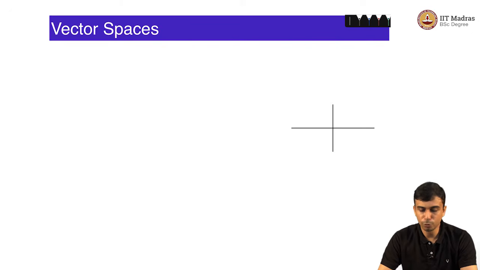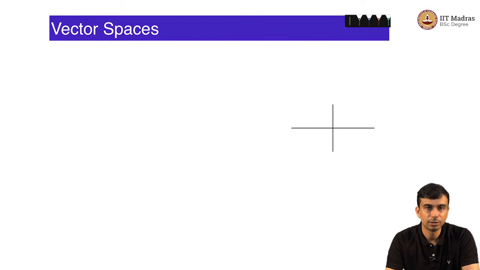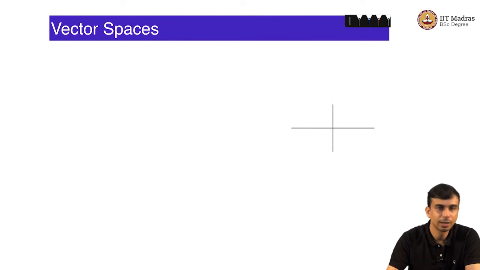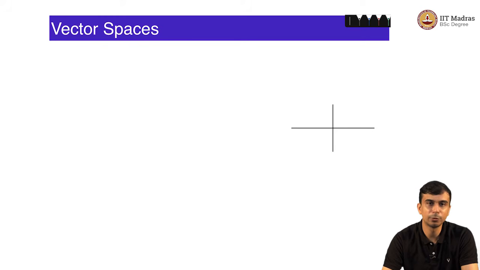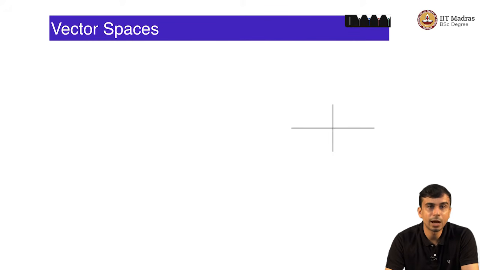Right. So now we'll move on to the next fundamental building block of this course, which is a vector space. A vector space is also similar to a metric space in the sense that it is also a set with an extra structure associated with it. You can simply call it a collection of vectors, but not any arbitrary collection.